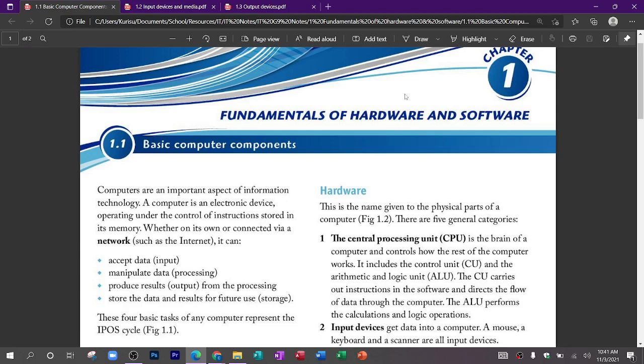Everything we're doing is IT related. Even what we're doing right now, we're currently having a class, and it's all because of information technology. You're using a phone, you're using a computer, you're using the internet, and so on.